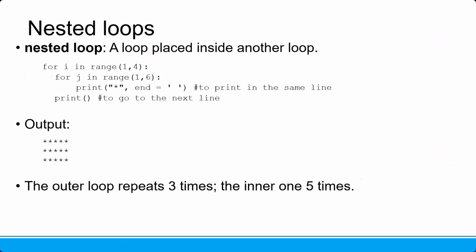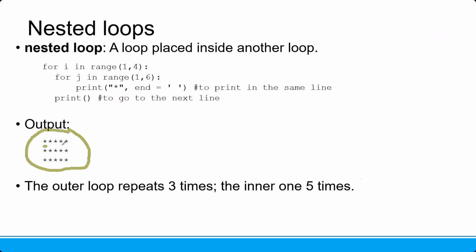Now, when we create a nested loop, we want to place something inside the inner loop. For example, let's have this problem. I want to print star, star, star, star, star.